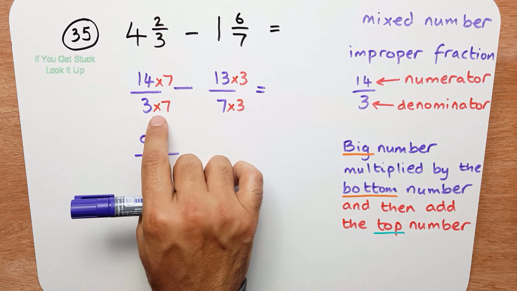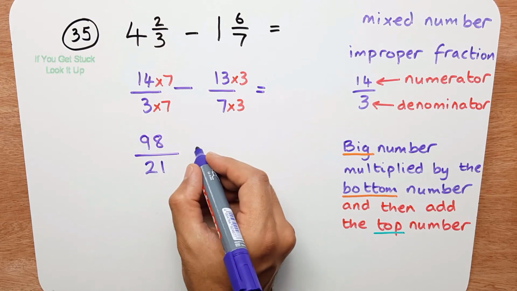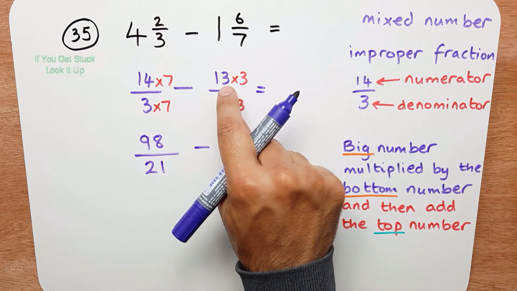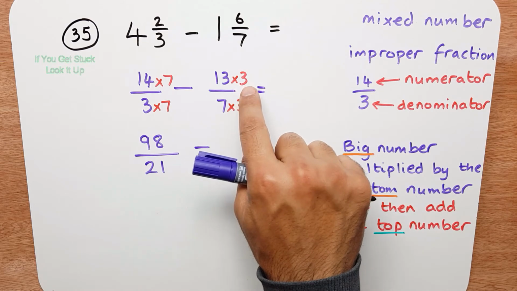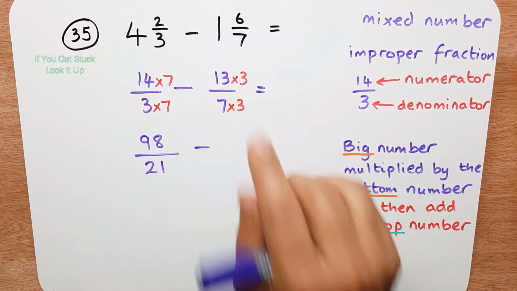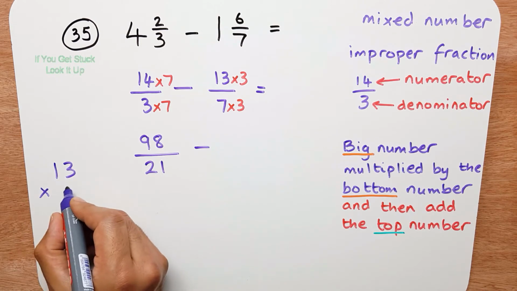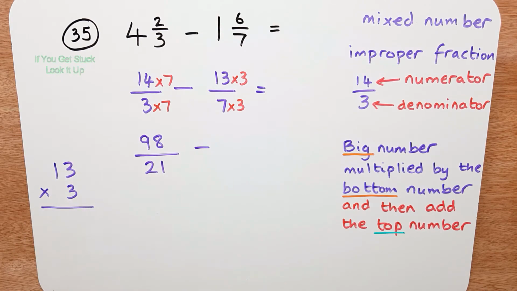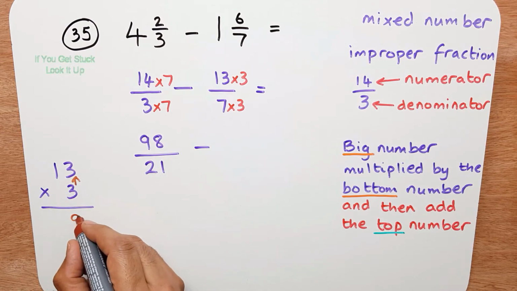And I know 3 times 7 is 21. Take away, now I've got 13 times 3. I'm going to use column multiplication for that. So let me write that here. 13 times 3. So I do 3 times 3, which is 9.